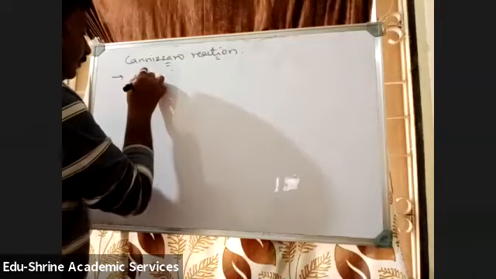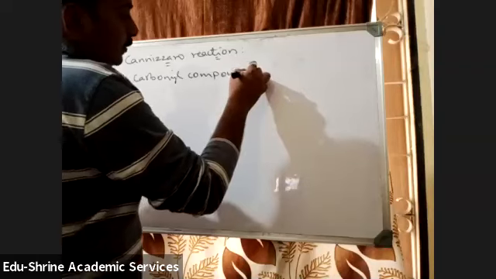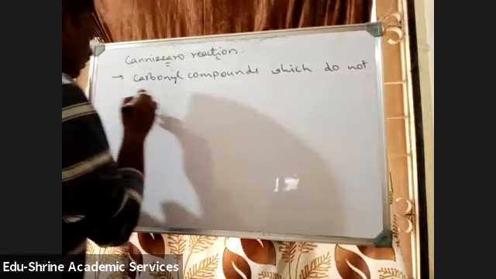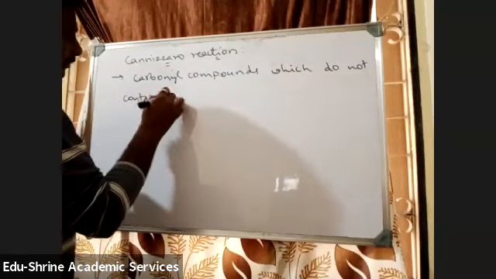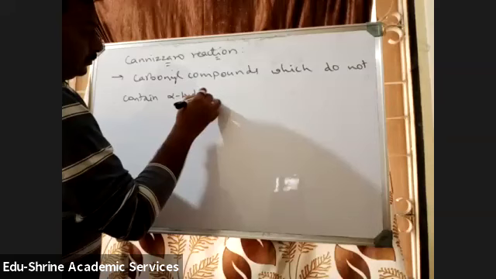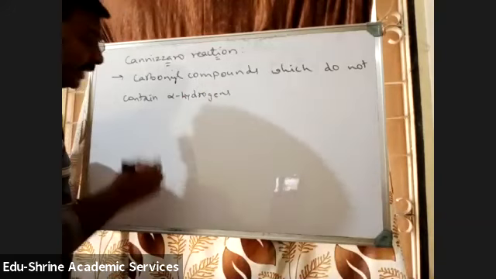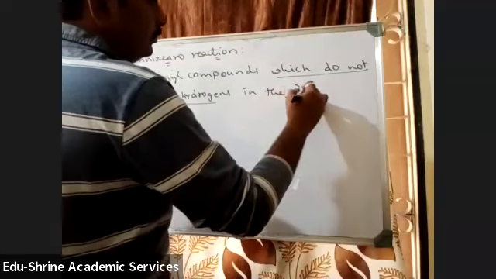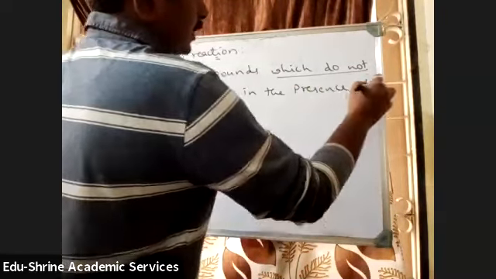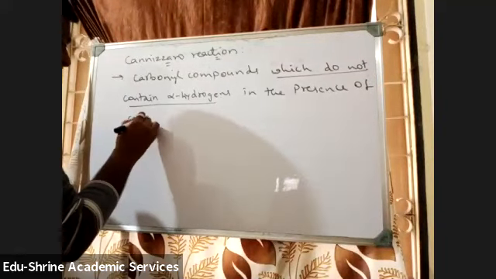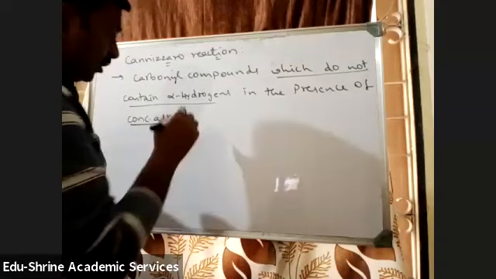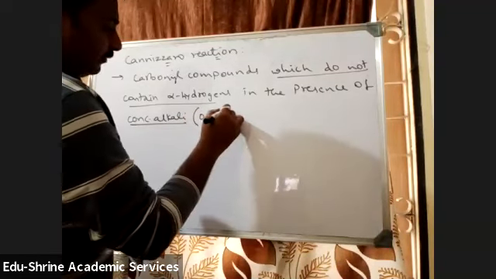Carbonyl compounds which do not contain alpha hydrogens, in the presence of concentrated alkali. In aldol condensation it was dilute; here it is concentrated alkali, or you can write 50% alkali.